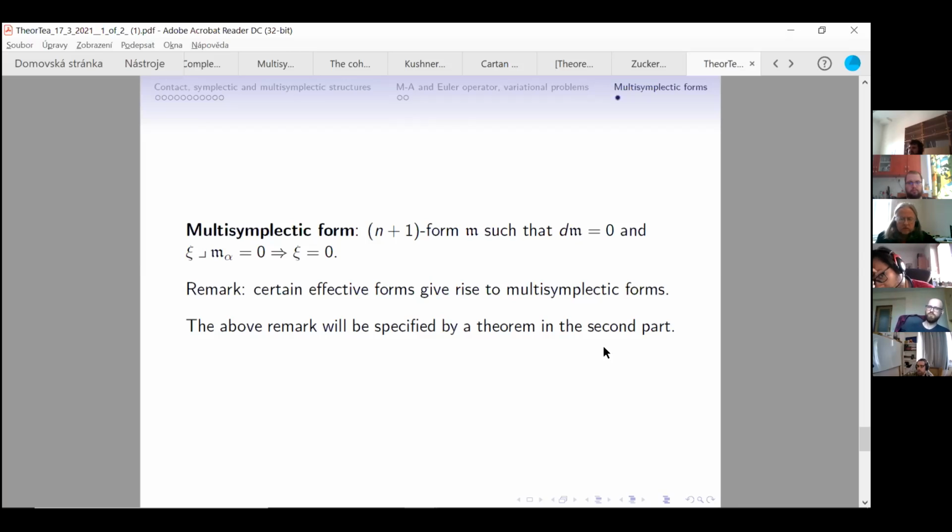A symplectic form is a two-form which is closed and non-degenerate. And the multisymplectic form is an (n+1)-form which is closed and non-degenerate. So this is the condition on closedness of the (n+1)-form, and this is the condition on non-degeneracy. And of course, this must hold for every vector field.